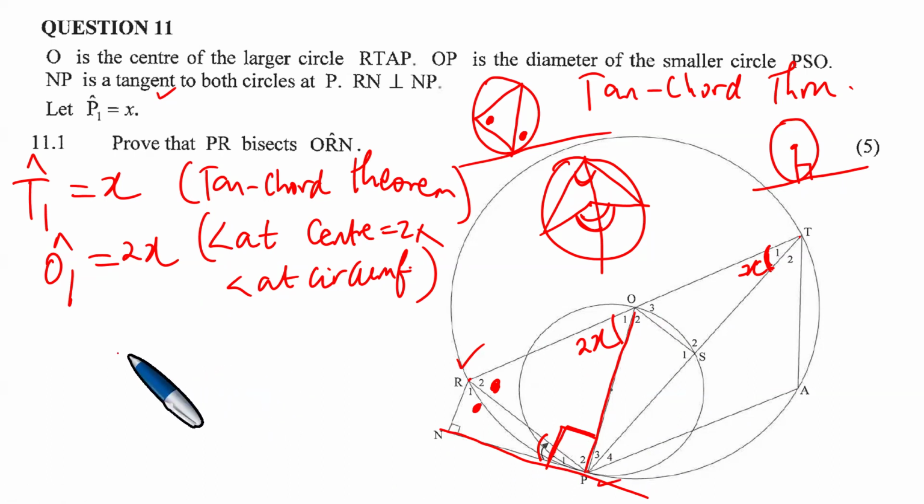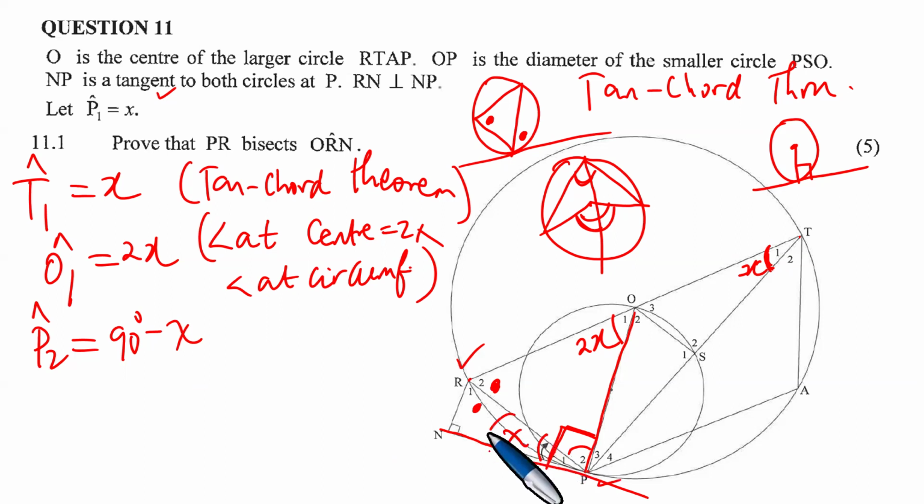Which means that angle P2 is 90 degrees minus X. This whole angle is 90, but this little bit is X here. So P2 is 90 minus X.